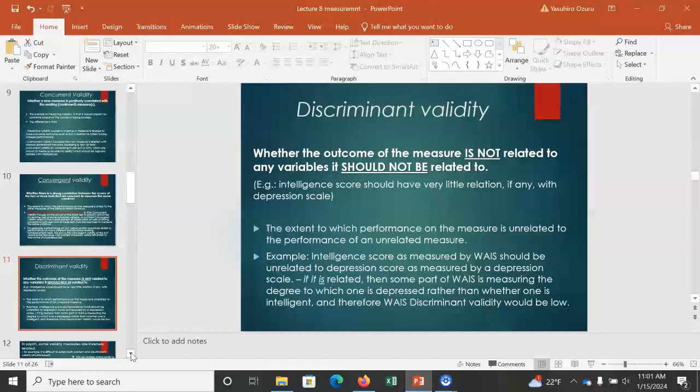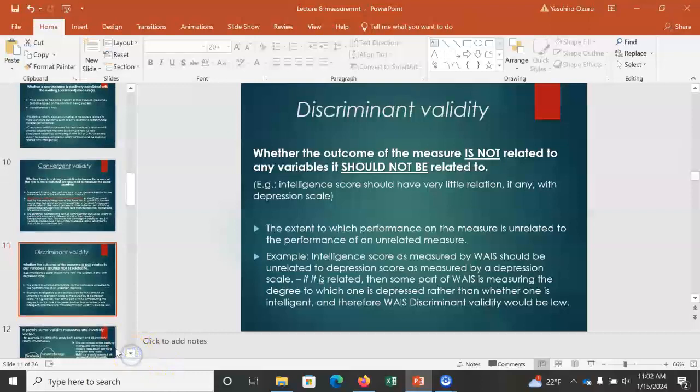However, if you become overly inclusive about all these other concepts that may be related to depression, but not directly related to depression, you start contaminating the measure of depression. Therefore, the discriminant validity of the measure as a measure of depression gets compromised. Hope this makes sense. Okay.